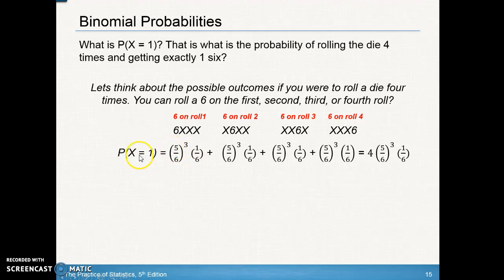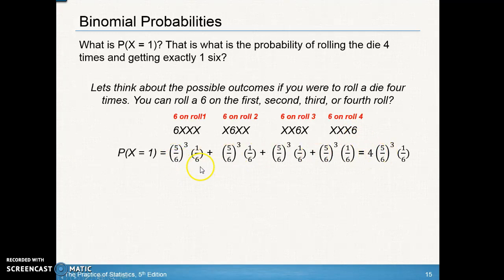So let's take a look at how we can get the probability. So 5 out of 6, that's the probability of not getting a 6, 3 times, times the probability of getting a 6 1 time, plus the same thing. So we have 5 out of 6 to the third, because 3 not 6s, and then 1 six on the second roll, 1 six on the third roll, 1 six on the 4th roll. Okay, so how can we sort of simplify that?